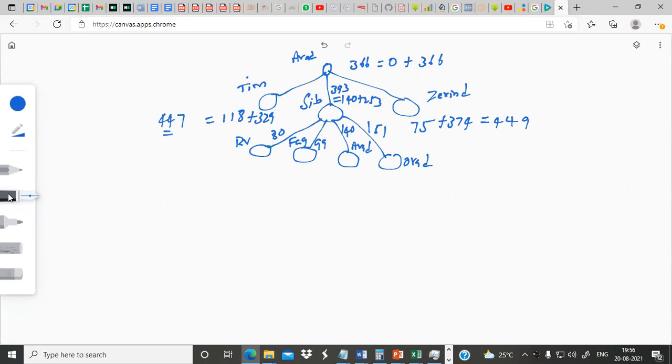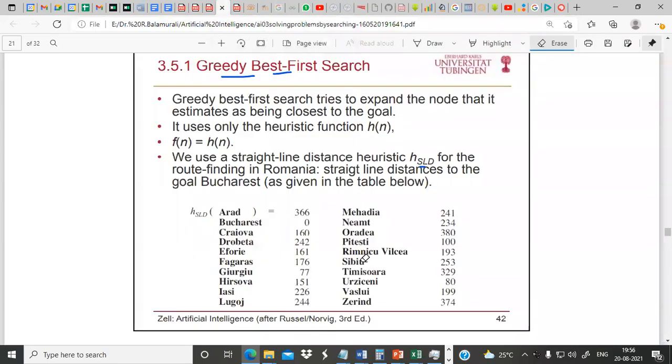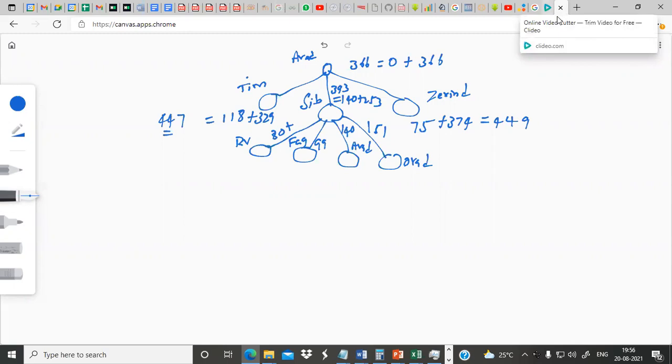So we know it is 80. So what is the h of n? It is 80 plus, from Ruminseville CA, what is the estimated cost of reaching Bucharest? It is 193. Okay. So it is 80 plus 193 here.